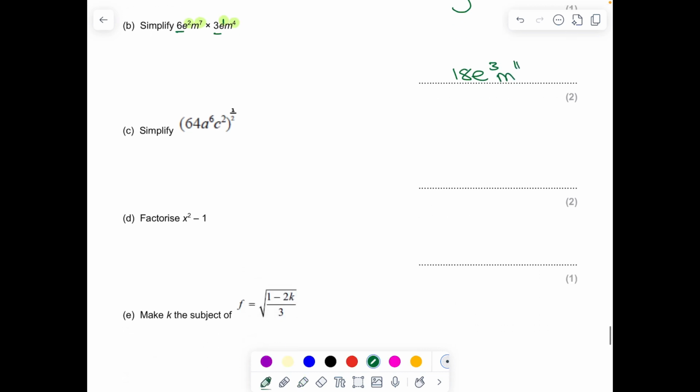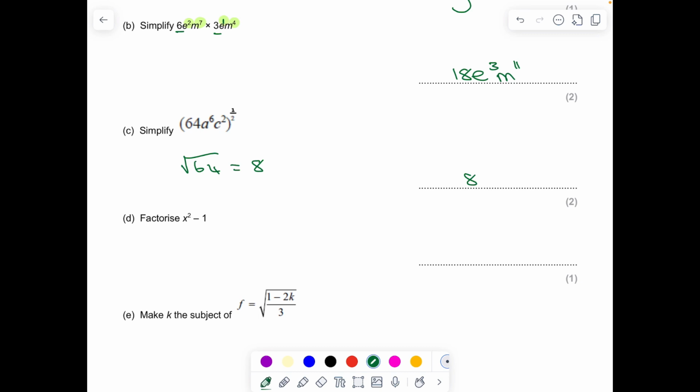Here you can do 64 to the power of a half normally. Either you remember that to the power of a half is the same as square rooting, so square root of 64 is 8, or you can do it on your calculator. If you put it in your calculator, you would get 8, so 8.